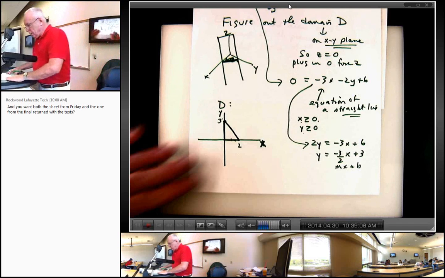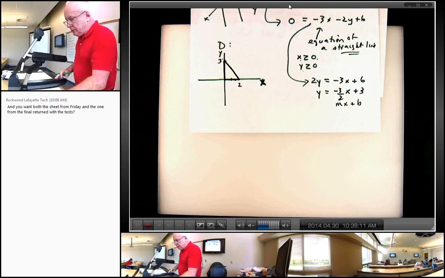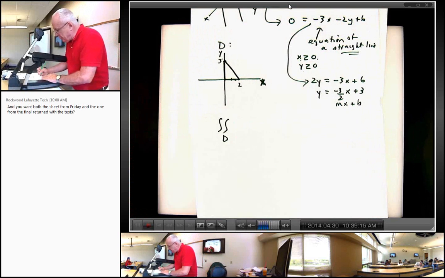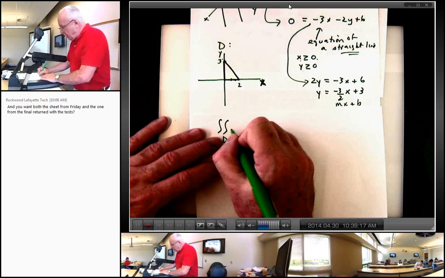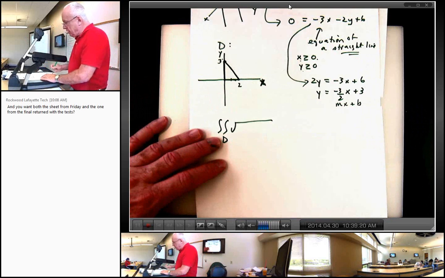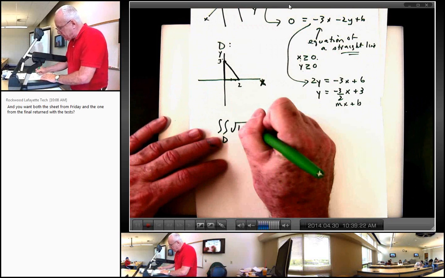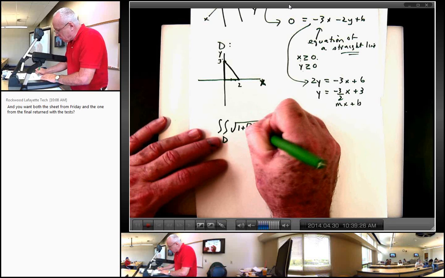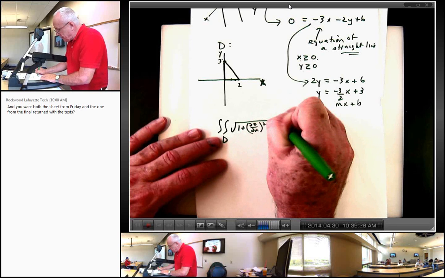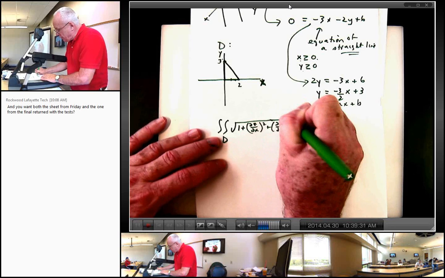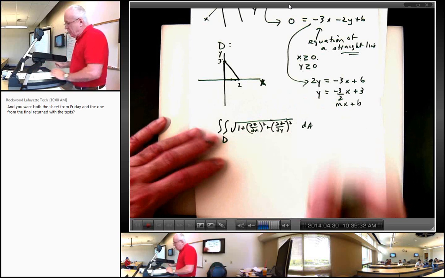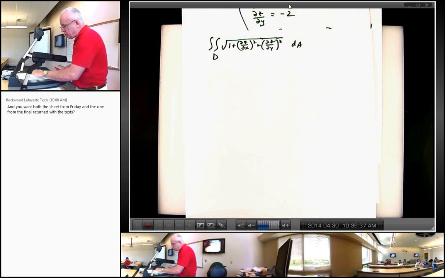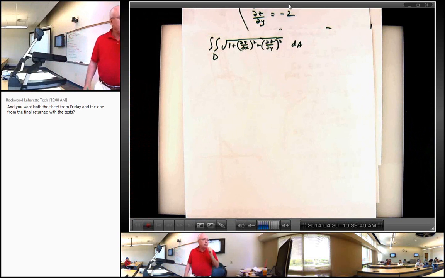Okay. So let's set up our integral here. The formula is the double integral over D, and I'll rewrite the formula for this case. It's the square root of 1 plus the derivative of z with respect to x squared plus the derivative of z with respect to y squared, dA. The nice thing in this case is that both of those partial derivatives are just numbers.